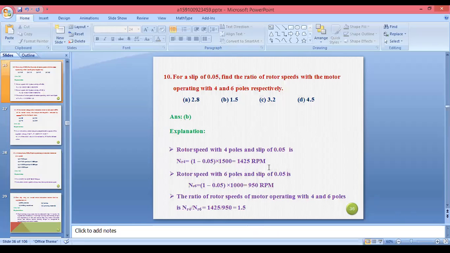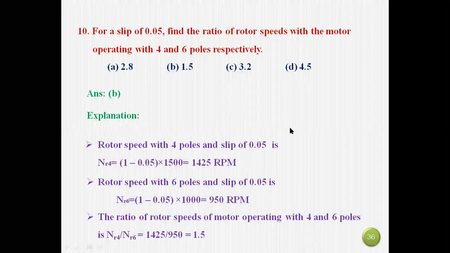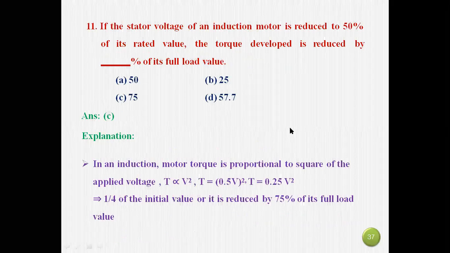Okay. So we will see the next numerical. There is a question like, if the stator voltage of an induction motor is reduced to 50% of its rated value, you are supposed to find the torque developed.